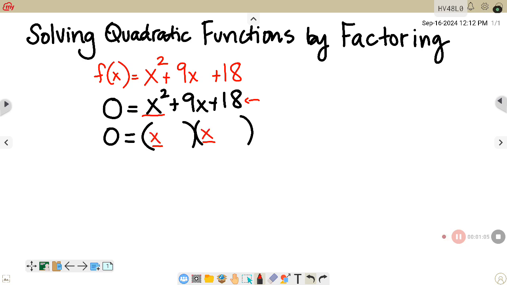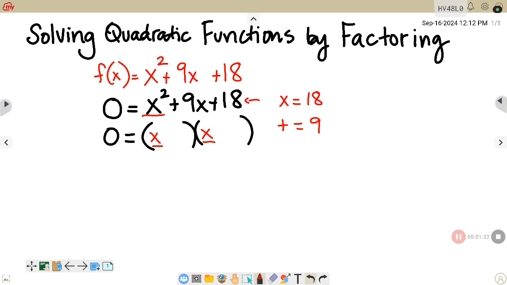We can use x times x to get that. Now, the next terms that are going to go at the end of each of these parentheses have to do two things. They have to multiply to equal this last number here, which is 18, and add to equal the middle number, or the middle coefficient, which is a positive 9.